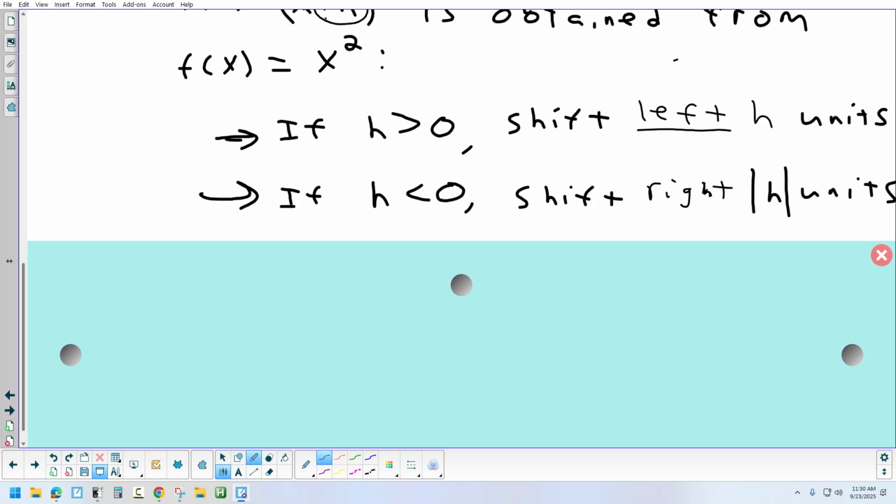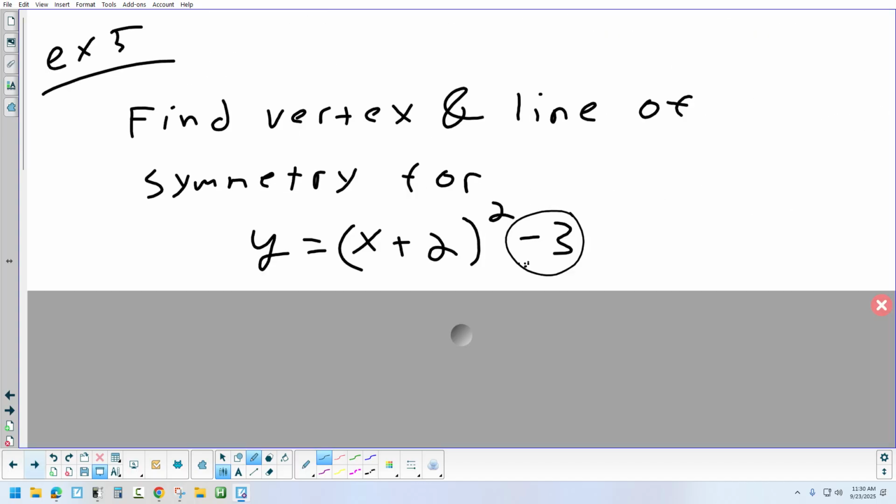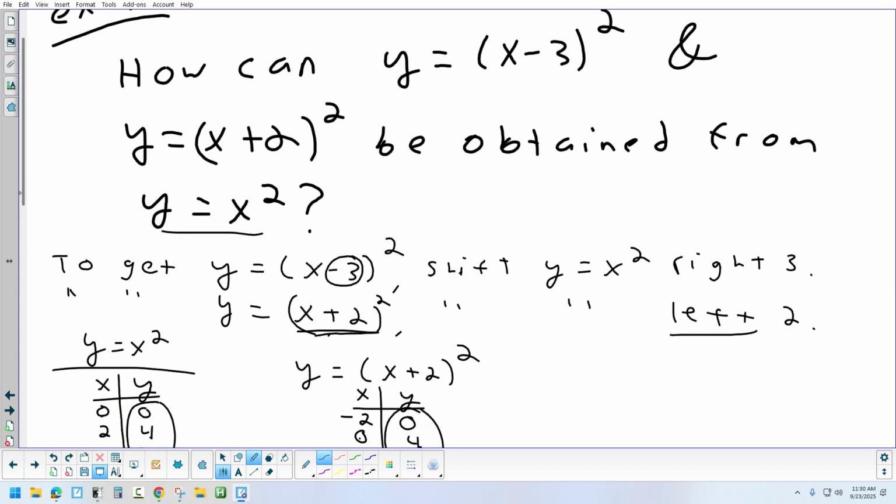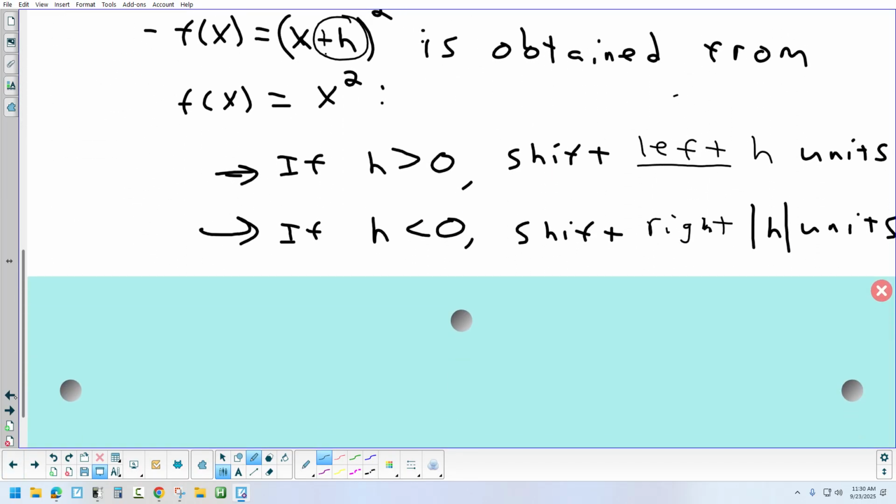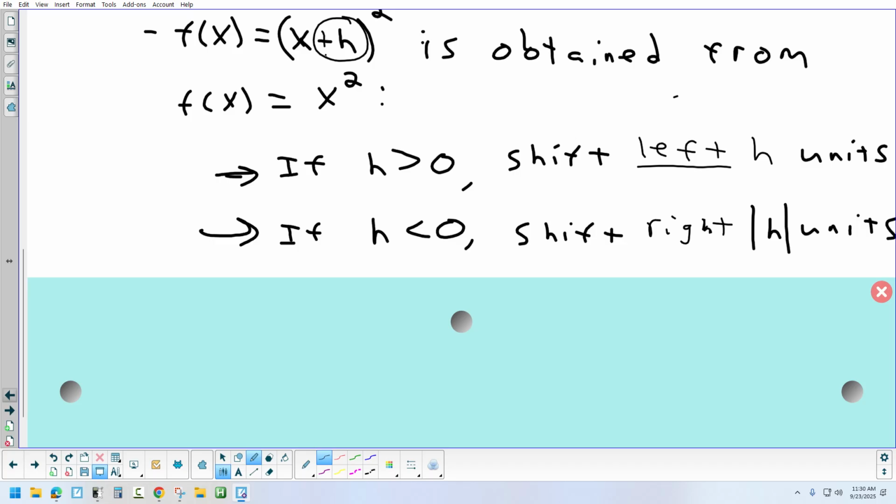And now that we've talked about moving left and right and up and down, we can identify something like this. I can give you a problem and ask you, where does the vertex end up? Okay, so I'm going to show you the formula for that. To figure out where the vertex ends up, you just have to take into account, did you move left and right, or did you move up and down?